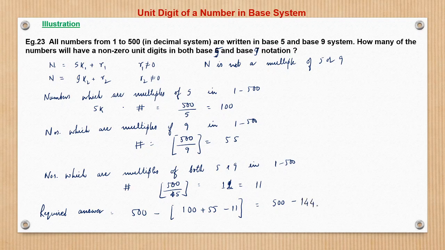So 144, right? So therefore it gives 356. So there are 356 numbers which will have non-zero unit digits in both base 5 and 9 notation. So this is the answer.